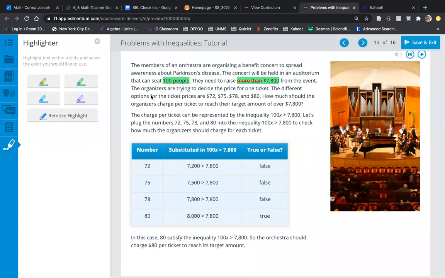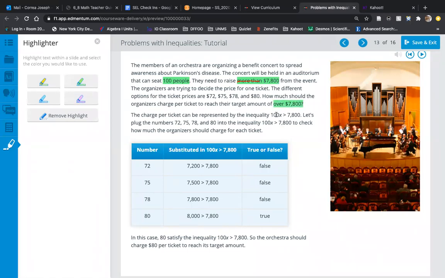So it says here the different options for the ticket prices are $72, $75, $78, $80. How much should they charge in order to make sure that they get their target of, again, over, right? Over is another way of saying more than $7,800.